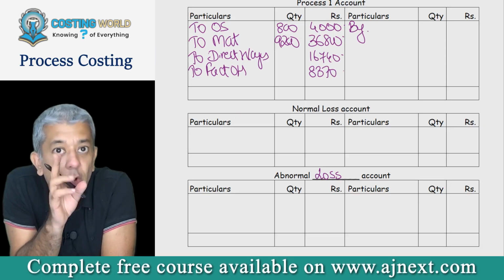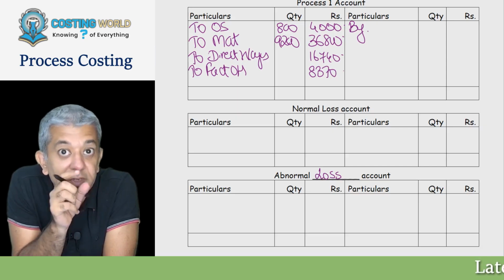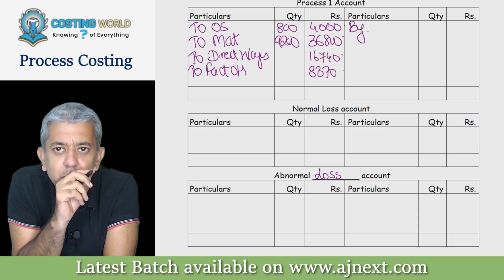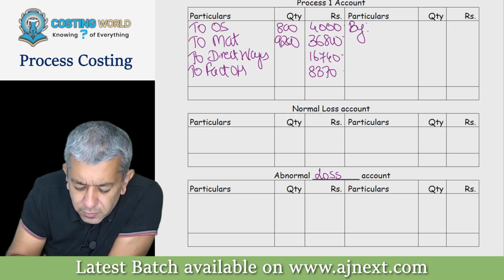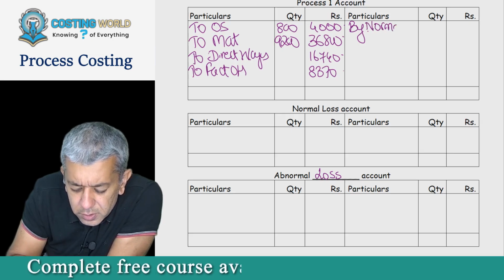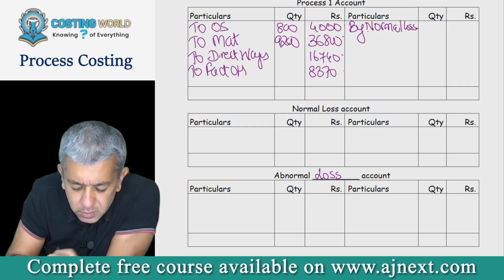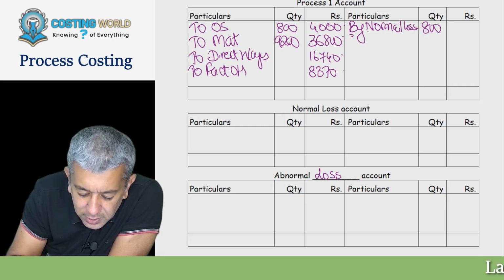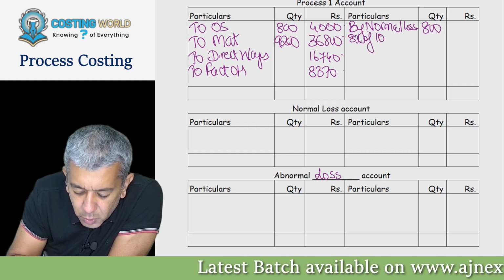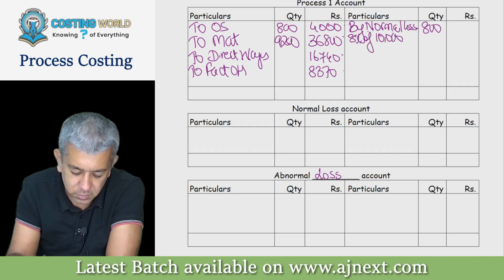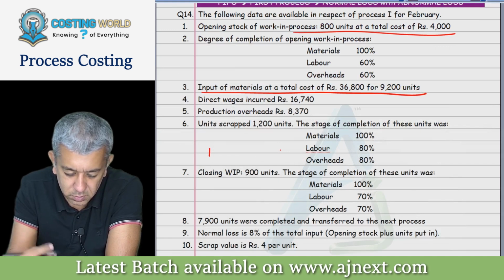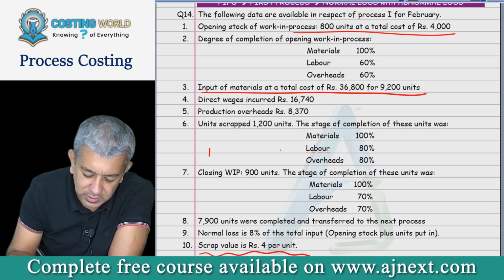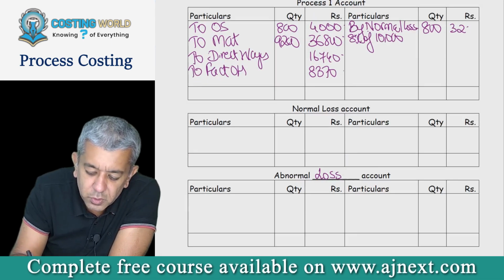First thing that we always write on the credit side was normal loss, no? Okay, so let's follow that particular thing only, normal loss. Normal loss we calculated 800, that was 8% of total input. Scrap value is rupees 4 per unit, so 3,200.